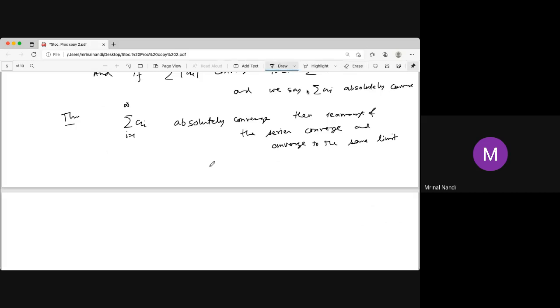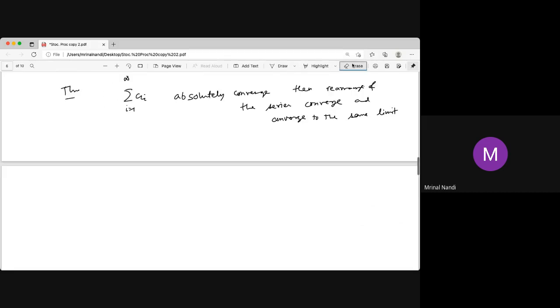You need the extra condition that it is absolutely convergent. So the definition of expectation of x is this.